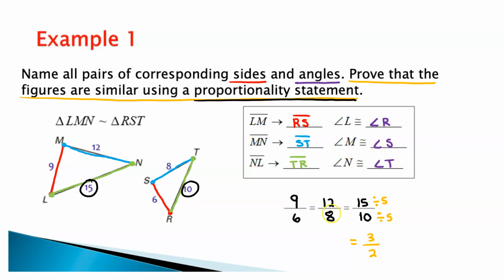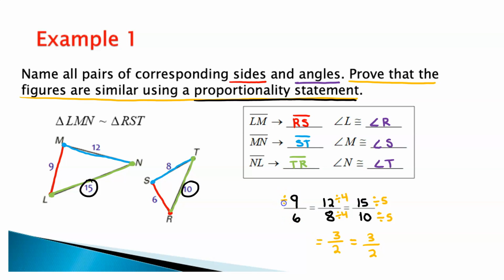Take a look at 12 over 8. I can divide top and bottom by 4. 12 divided by 4 is 3, 8 divided by 4 is 2. So far, so good. 3 over 2 is equal to 3 over 2. And let's simplify the very first fraction here, 9 over 6.